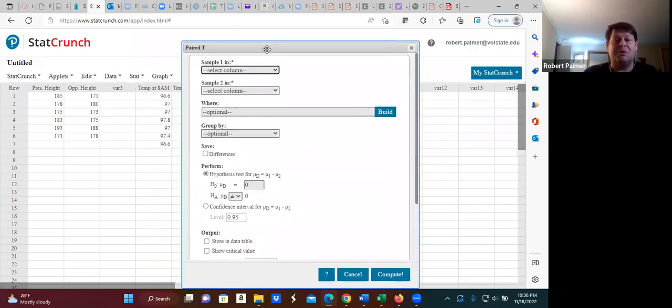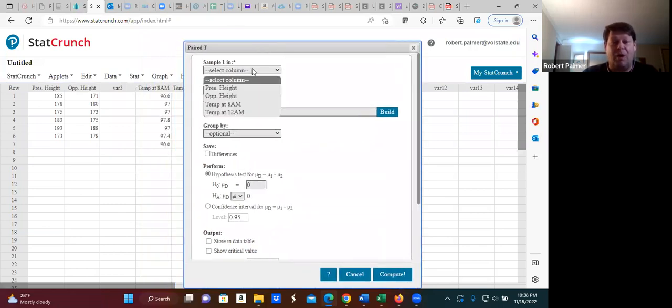It gives us the choice of two columns. Select sample 1, the presidential height, and sample 2, the opponent height. It's doing 1 minus 2, mu1 minus mu2. So mu d, the mean of the differences, is 0. That's our null hypothesis always. The alternative in this case is that the mean of those differences would be positive, greater than 0. Okay, so double check that everything's correct.